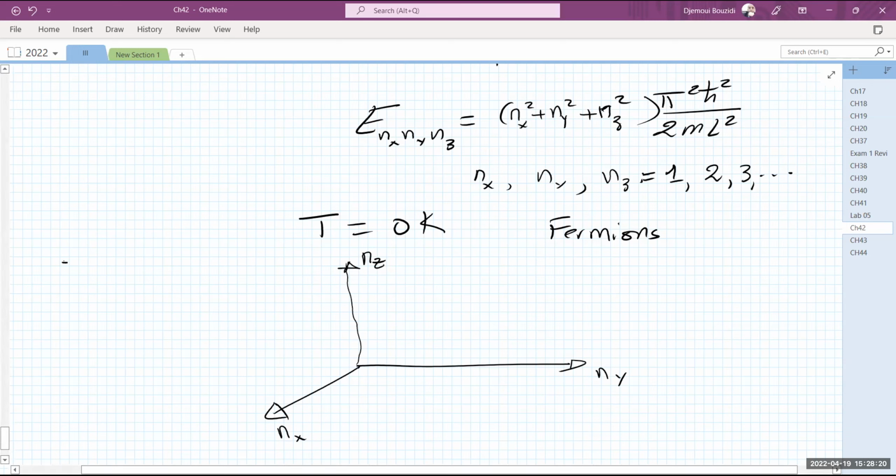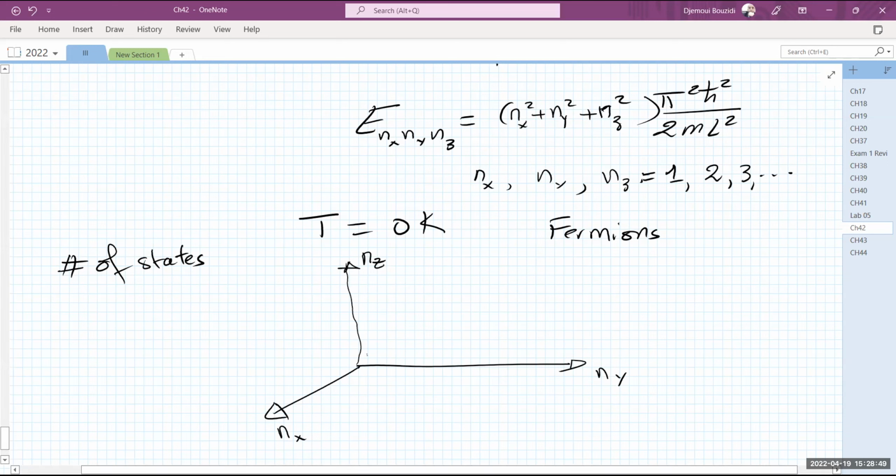The number of states are going to be represented by these numbers nx, ny, and nz that are all in the same octant. Namely, if I take the entire space, the sphere of nx, ny, and nz, I have a big sphere, but none of them can be negative.